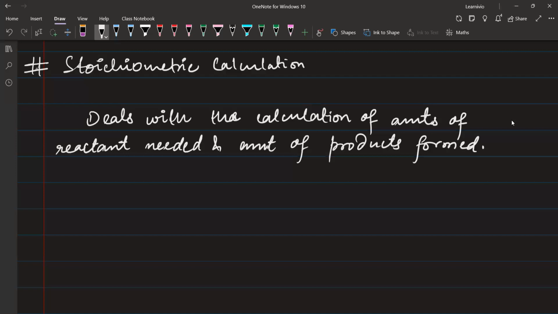Now, when we are dealing with stoichiometric calculations, there are only two types of questions that you are going to get. ध्यान रखिए.